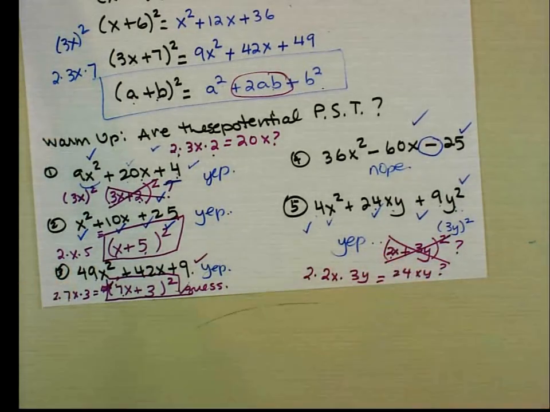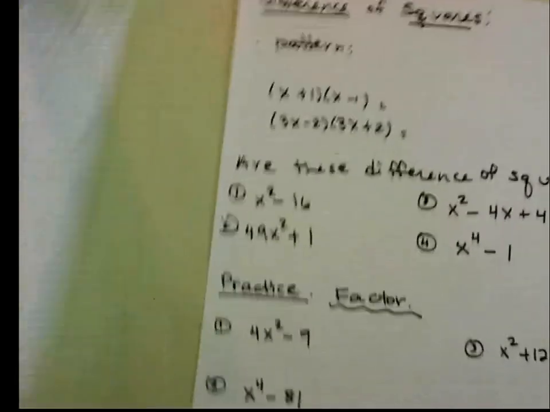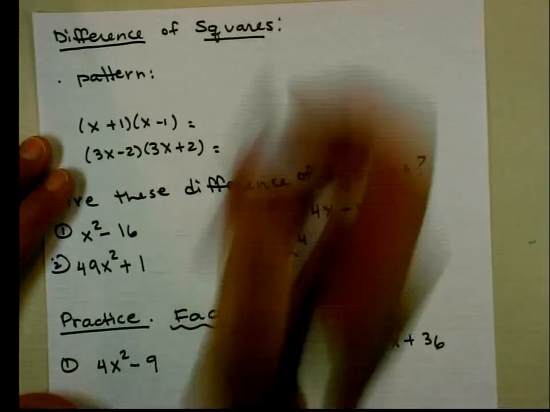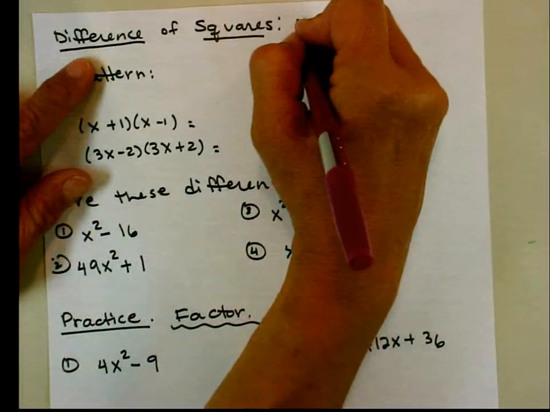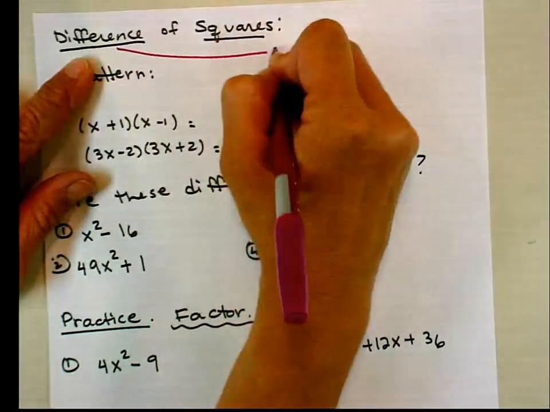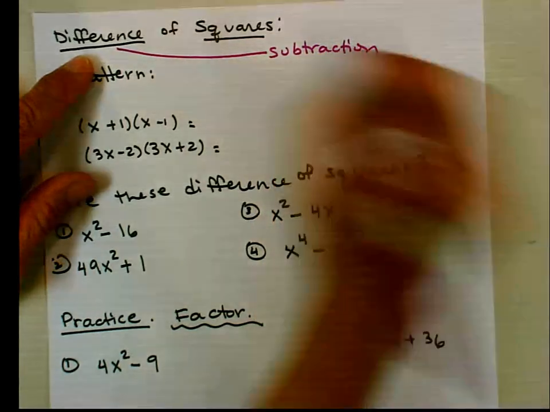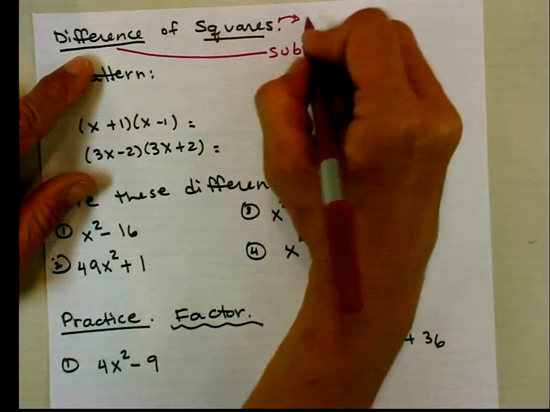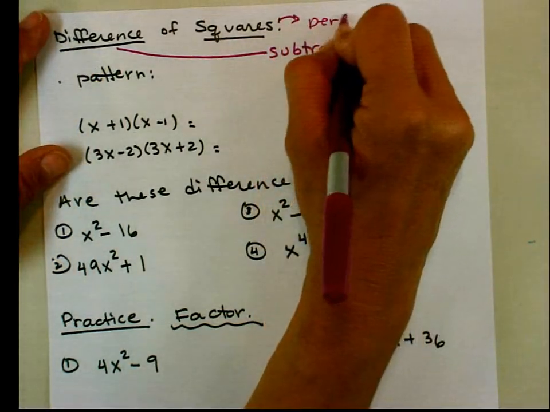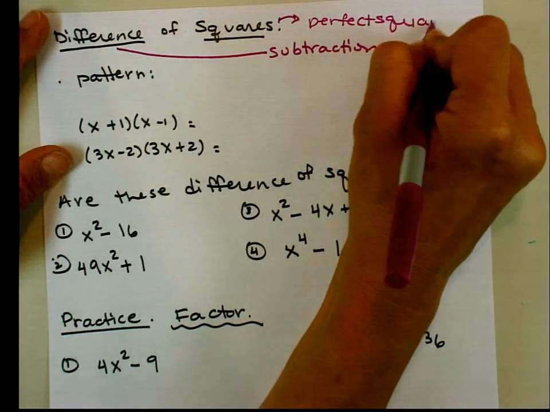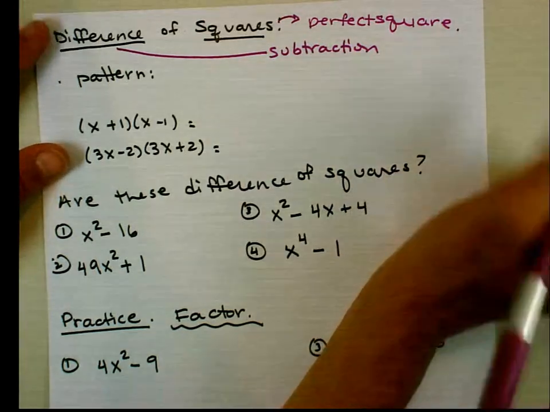Okay, so that's how we factor perfect square trinomials. The other pattern we're going to look for is difference of squares. Okay, so the difference, subtraction, and squares, right, your perfect squares. So both terms have to be squares.